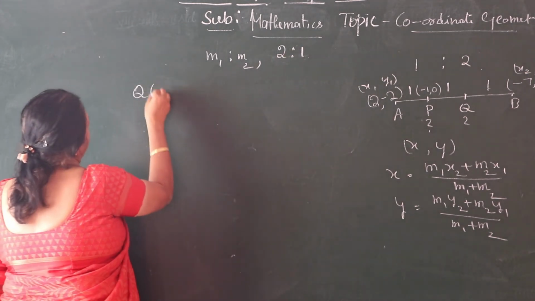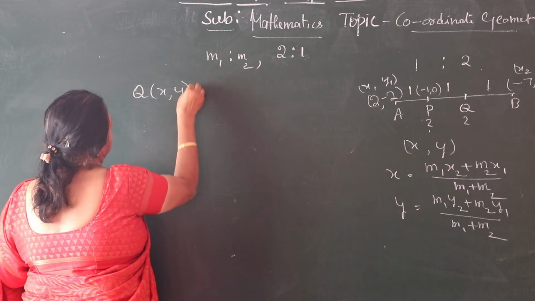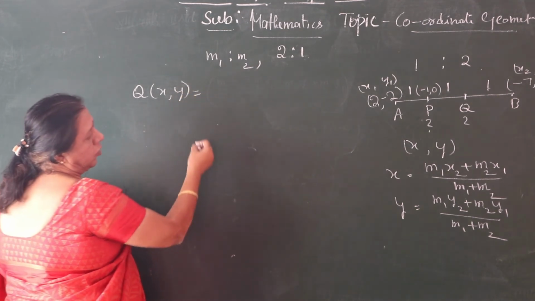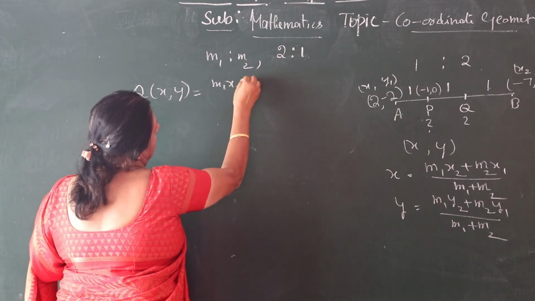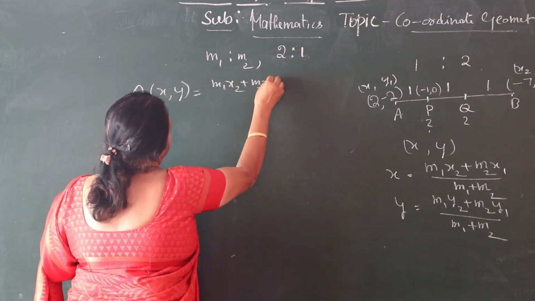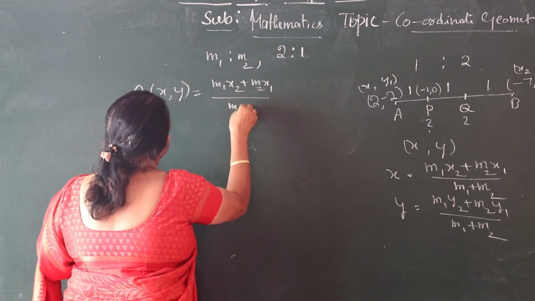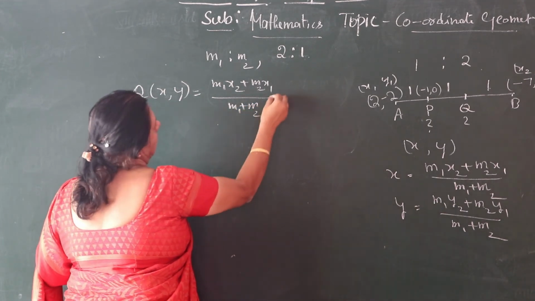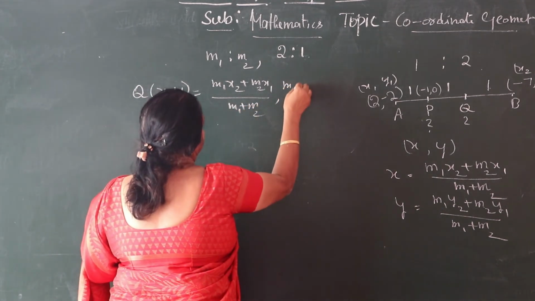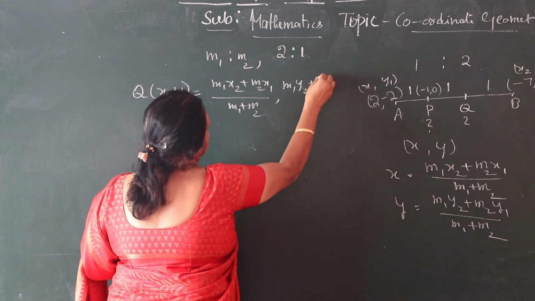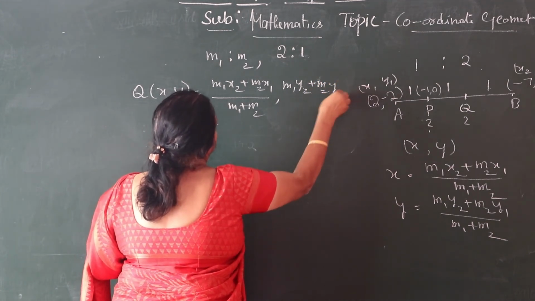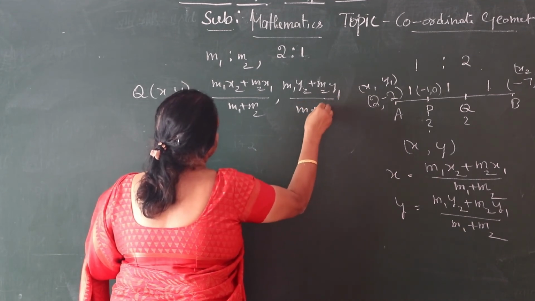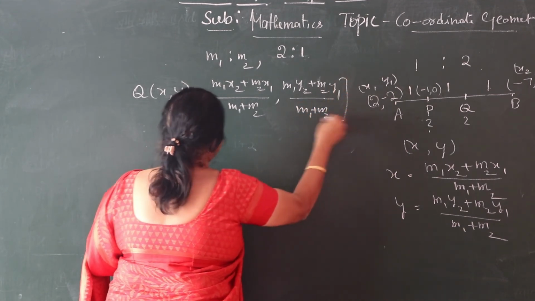Now go for Q(x, y). The same formula: M1 X2 plus M2 X1 by M1 plus M2, comma, M1 Y2 plus M2 Y1 by M1 plus M2. It is clear, children?